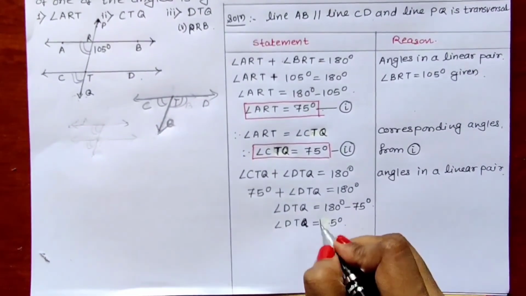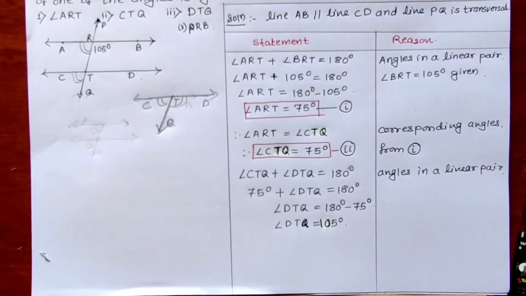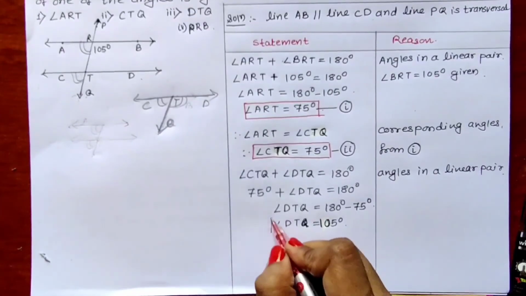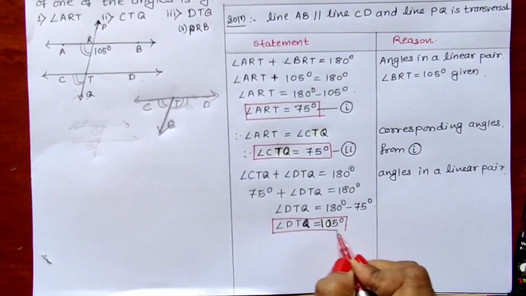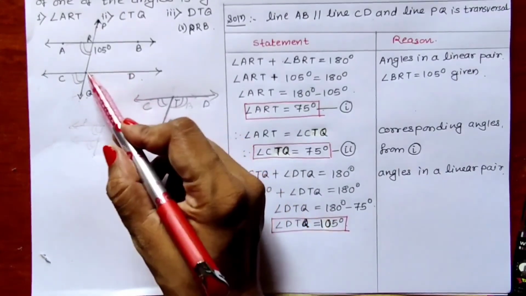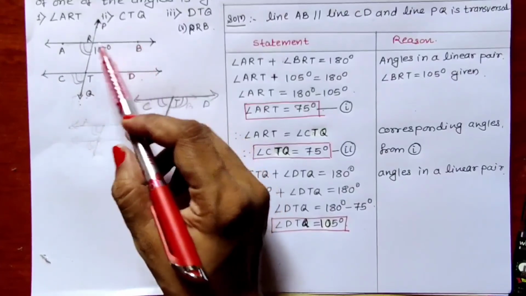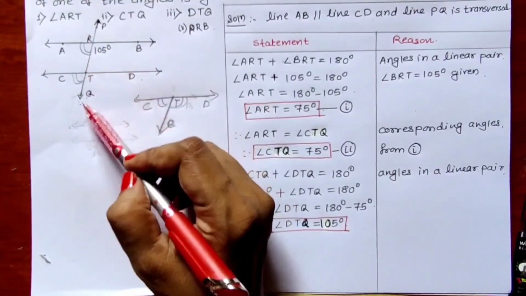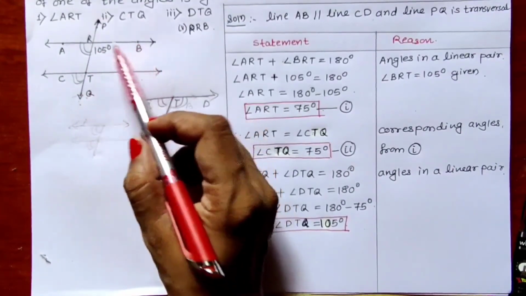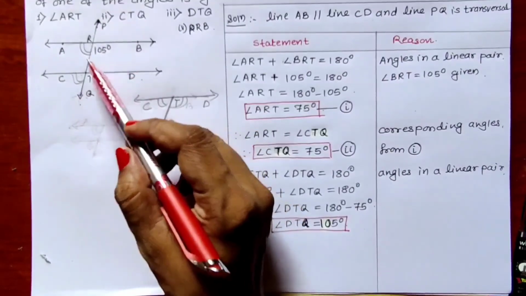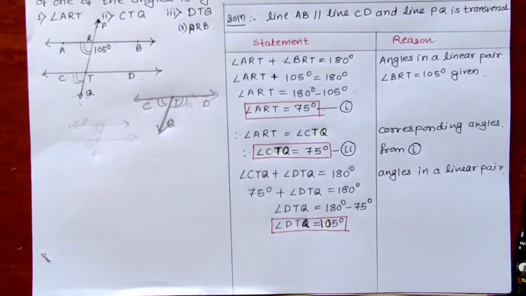So we are getting DTQ is 105. From BRT also you can write BRT is 105, and that's why DTQ will also be 105, because BRT and DTQ are corresponding angles, and that's why they are congruent.